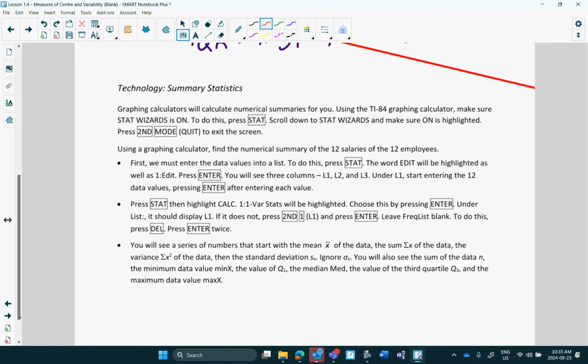Okay, if there's already numbers in yours, just like there is in mine, here's how you get rid of them. Scroll up until L1 is highlighted, and then press Clear. Enter. It should wipe them all out. You got to highlight L1 at the top.